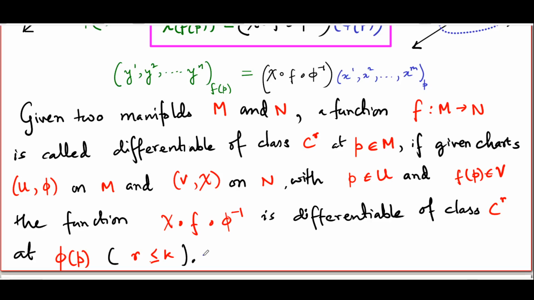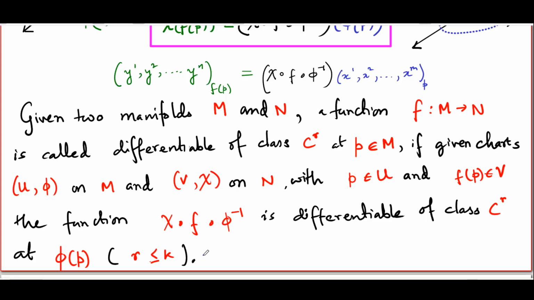So there will definitely be some chart with domain U to which P belongs. And similarly, f of P, an element of capital N, must belong to some chart V, chi.